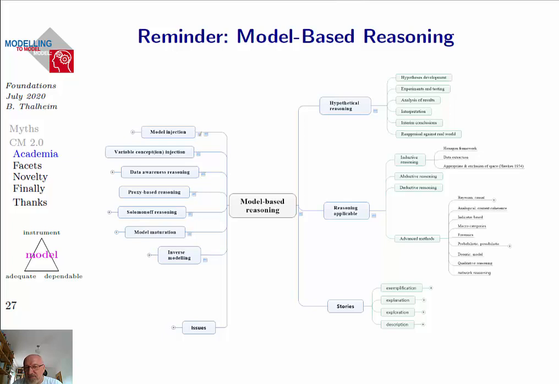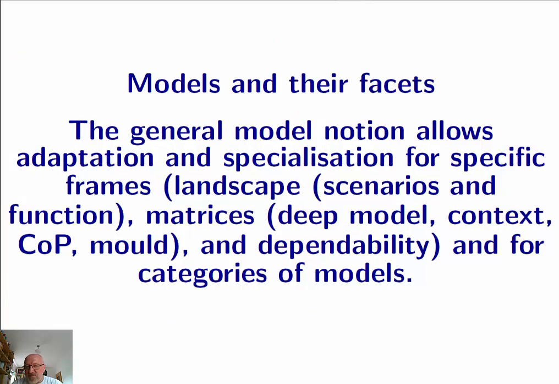Okay, that means in this case we could have a model academia. The model definition we gave so far is a pretty general one. And in this case, maybe we should have a path to specialize for specific frames, for specific, let's say, landscapes, matrices, for specific dependability, and for also specific categories of models.